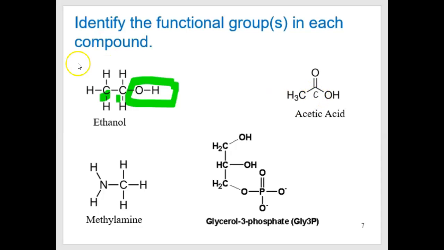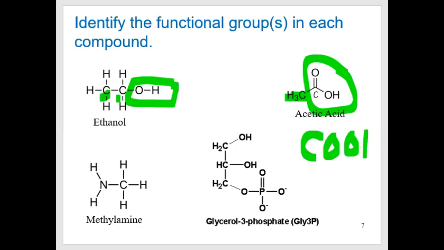So that's our carbon framework. And this is actually a functional group, COOH. I think that one's really hard. I wouldn't test you with that particular picture. And then let's go down to methylamine.